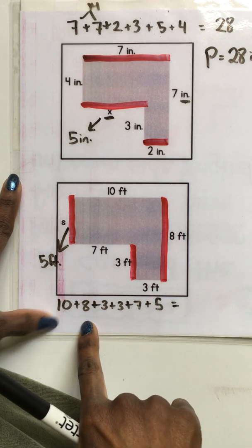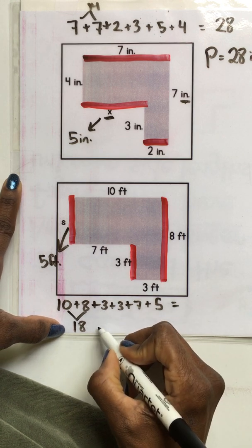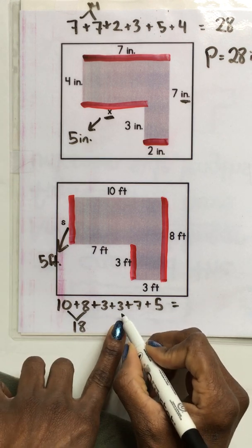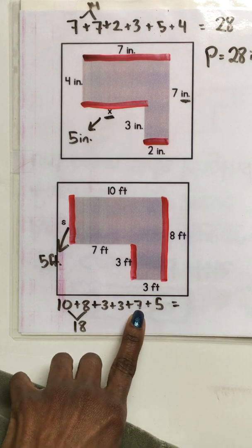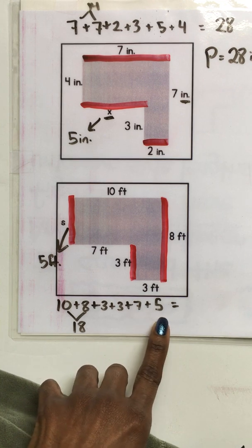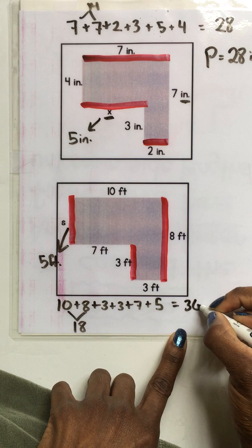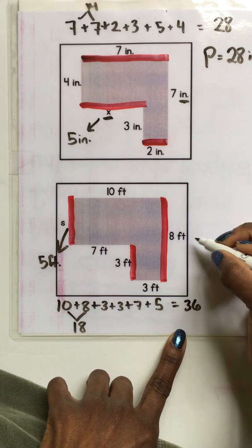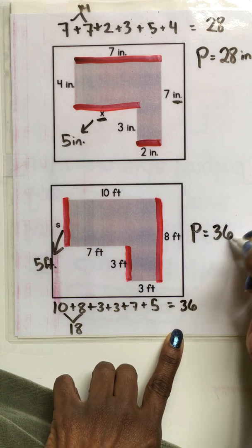I know 10 plus 8 is 18. 18 plus 3 is 21. 21 plus another 3 is 24. 24 plus 7 gives me 31. And 31 plus 5 is 36. Okay, so perimeter equals 36 feet.